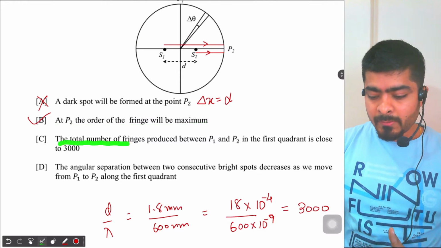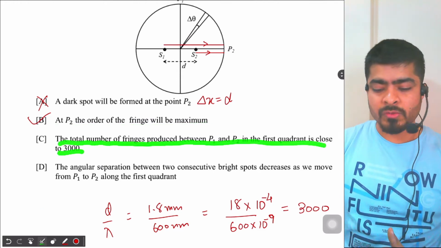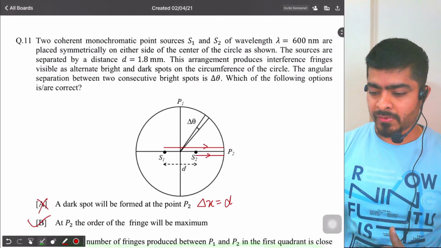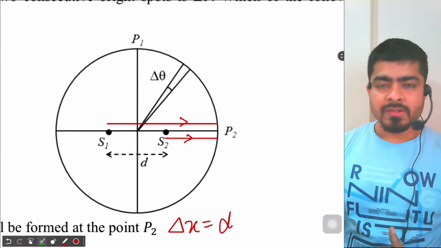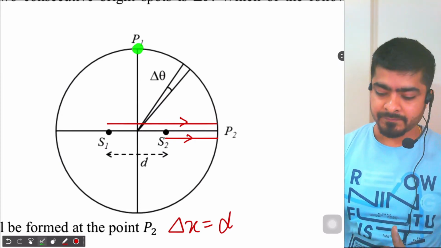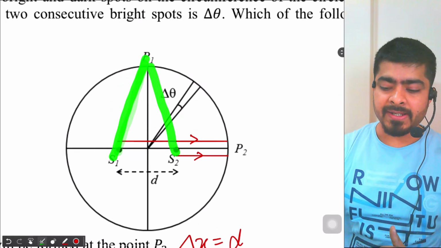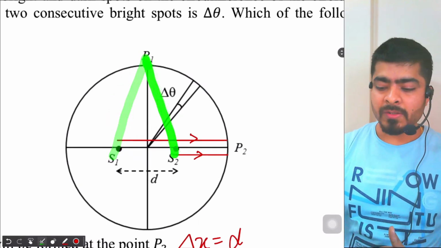The total number of fringes produced between P1 and P2 in the first quadrant is close to 3000. Let's observe this concept. First look at the point P1. Light coming from S1 and light coming from S2 are traveling equal distance, so the path difference over here is 0.